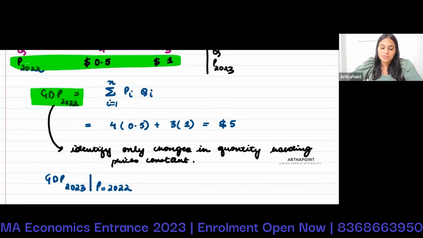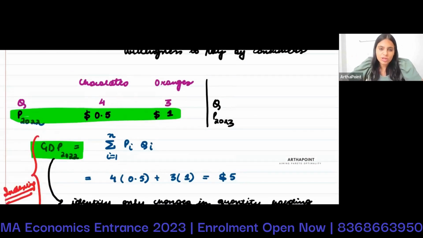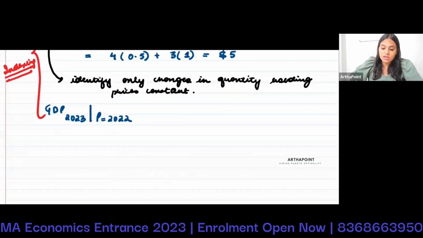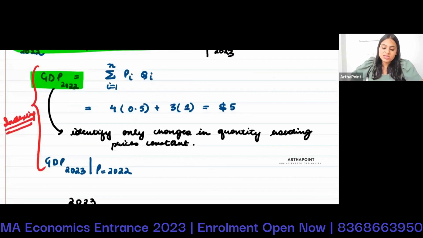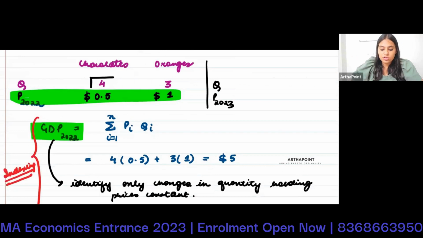This concept is called indexing. I'll do this shortly with you. But the aim of index is to understand that I don't want a change in the price. So note that when I talk about nominal GDP, it is price into quantity. So supposedly in year 2023, I produce the same chocolates. I only produce 4 units of chocolate.